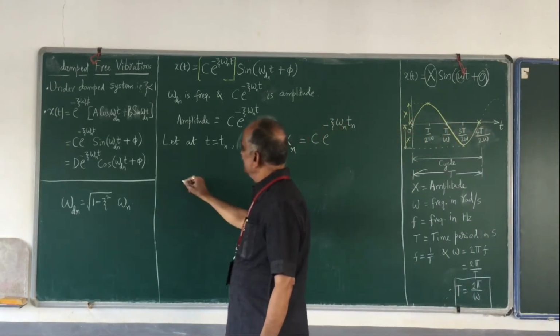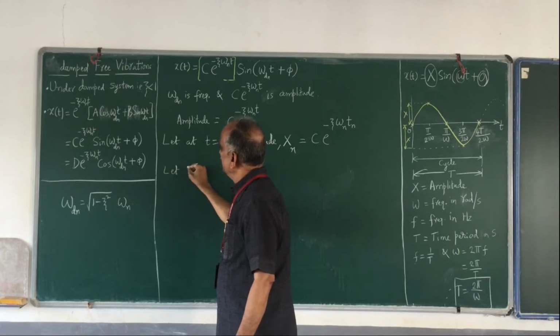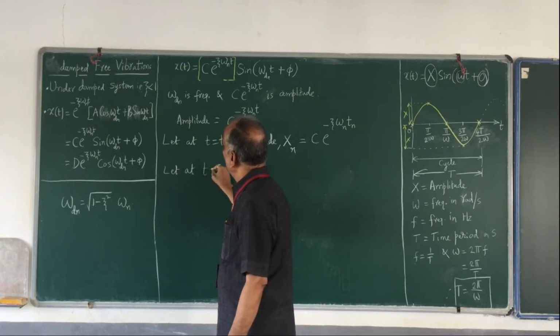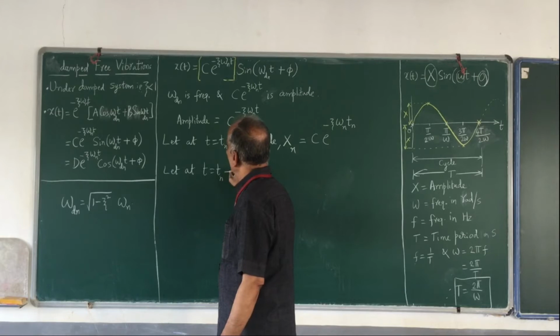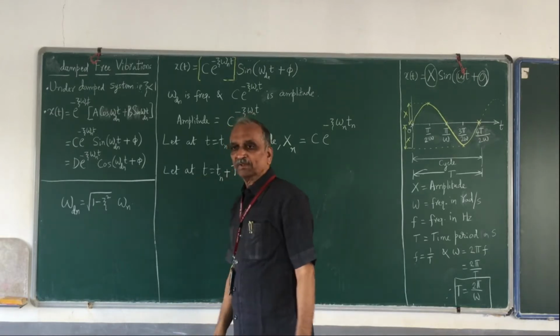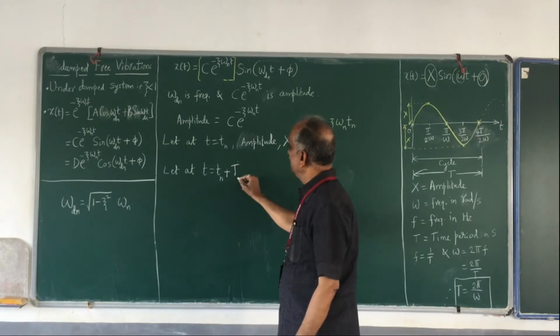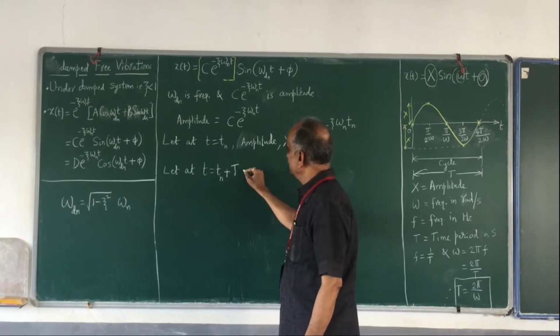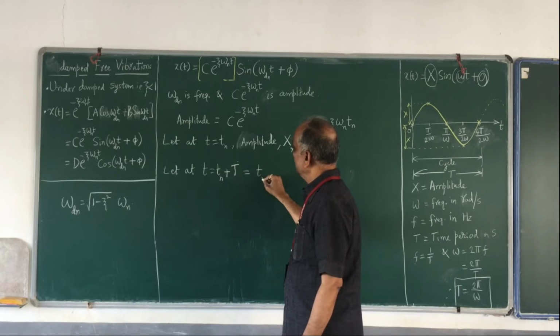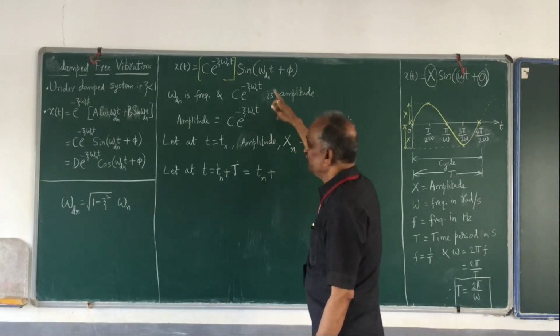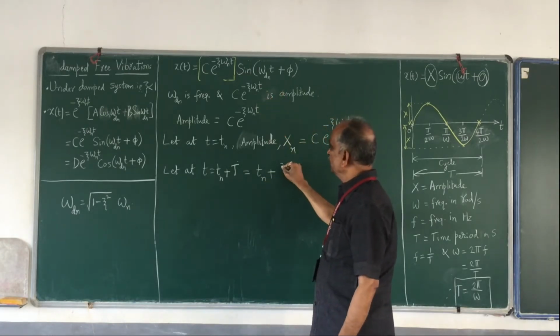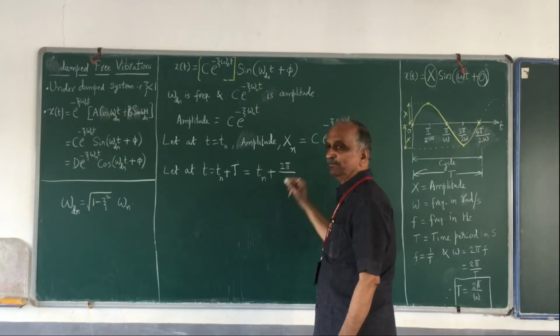Then again, let at t equal to tn plus T, after one time period. What is one time period? It is always equal to 2 pi divided by the frequency.